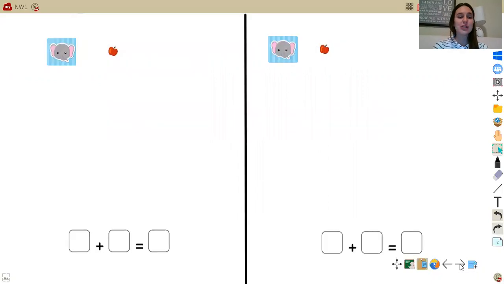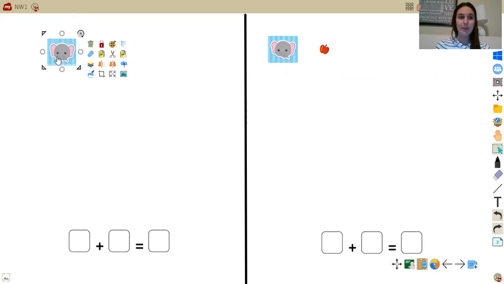Okay, so scholars, I have 2 different pictures that I worked on to show you that you can actually make 9 multiple different ways. So let's start with my first picture. I'm going to break apart my stickers.